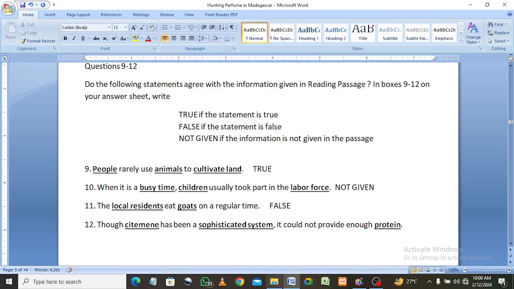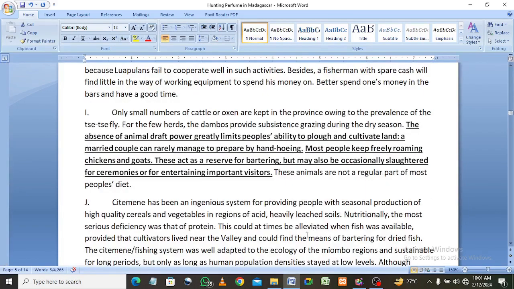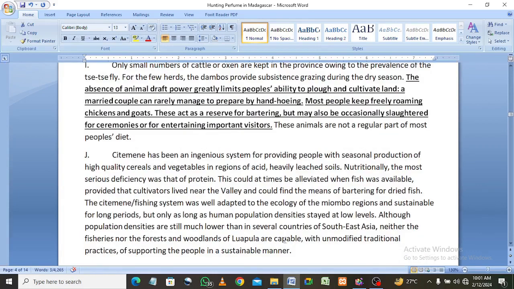Now, our target keyword here is what? Could not provide. This is our target keyword. Could not provide. Okay, now let's check the passage. You see that I have to scroll down.